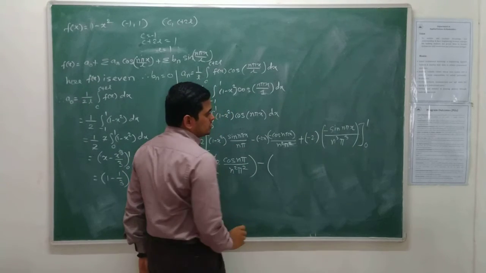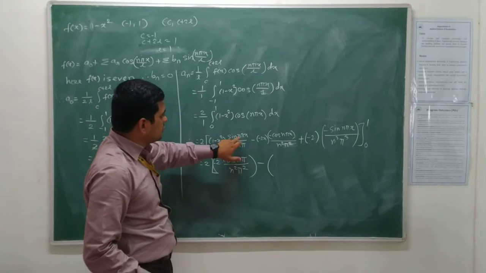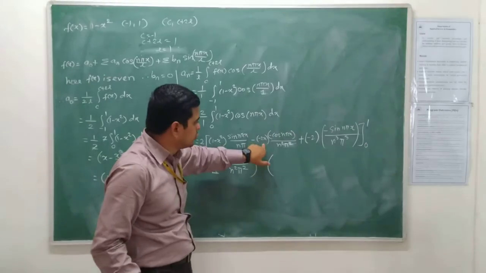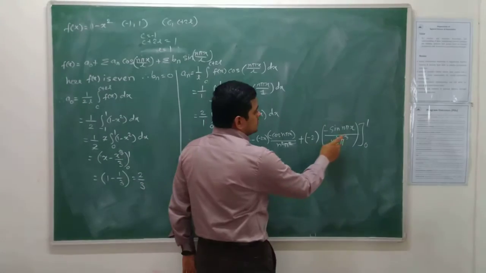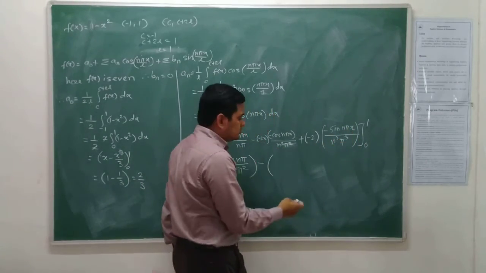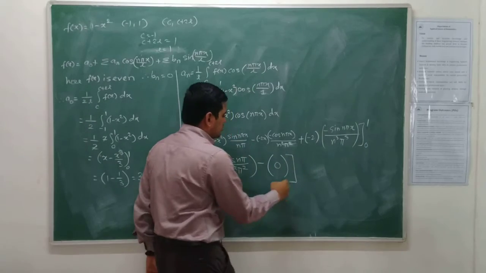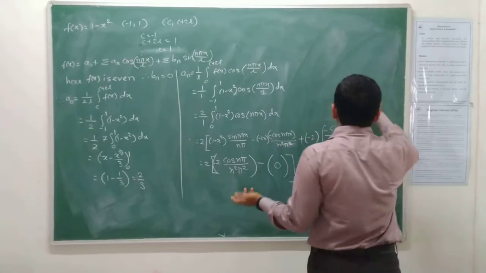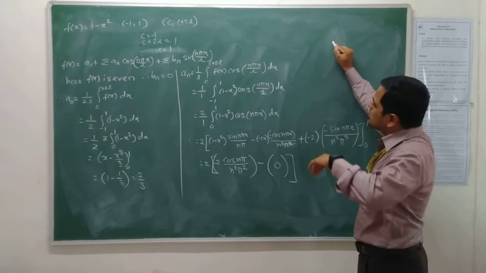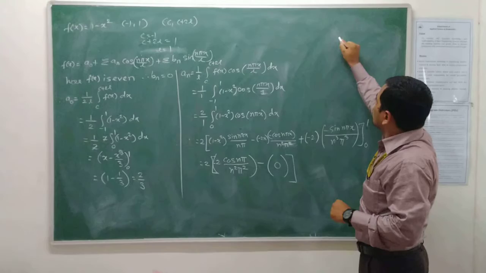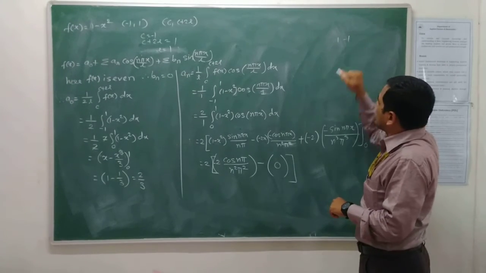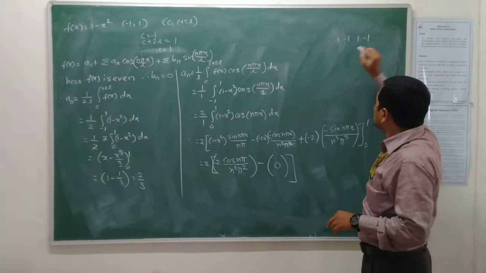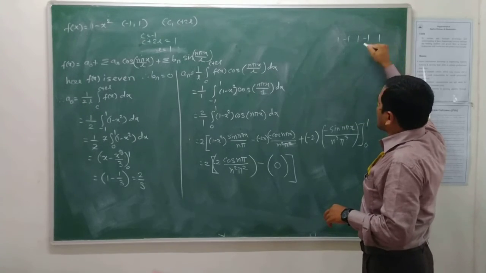Now the lower limit is 0. If I substitute 0 here, sin 0 is 0. 2x, but 2 into 0 is 0, 0 into this is 0. Here also we get sin 0. Sin 0 is 0. So for the lower limit, all the terms are going to be 0. Now cos n pi. If cos 1 pi, sorry, cos 0 into pi, that is cos 0 is 1, cos 1 into pi is minus 1, cos 2 pi is plus 1, cos 3 pi is minus 1, cos 4 pi is 1, and so on.